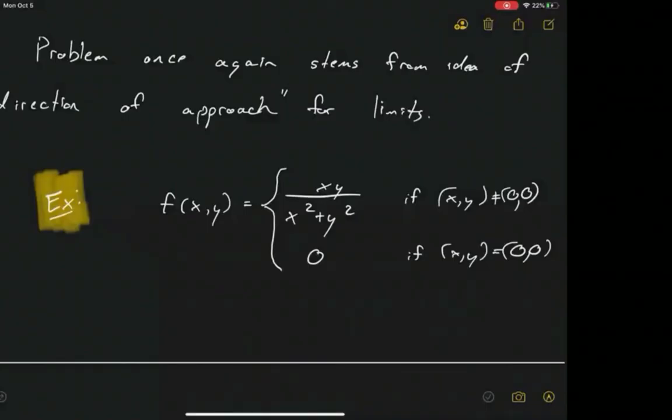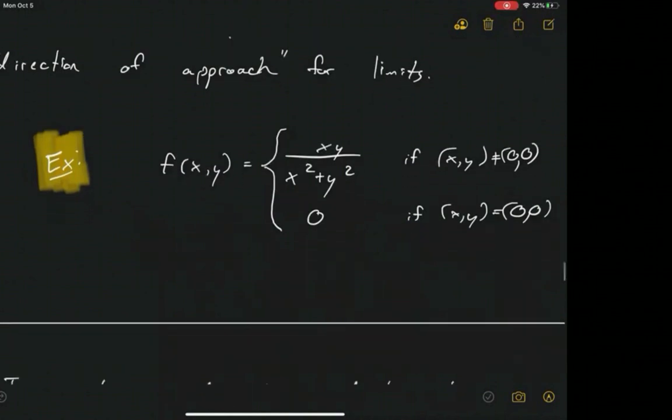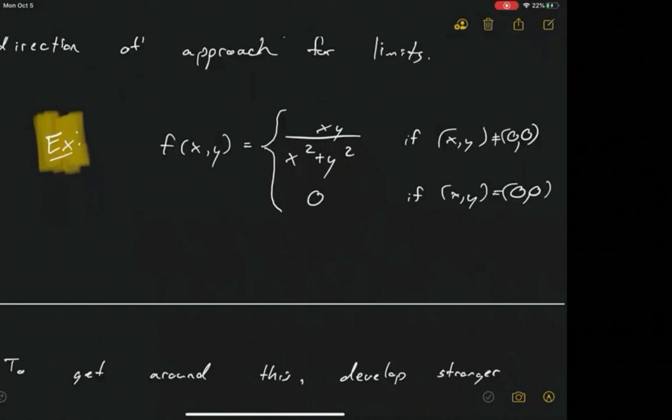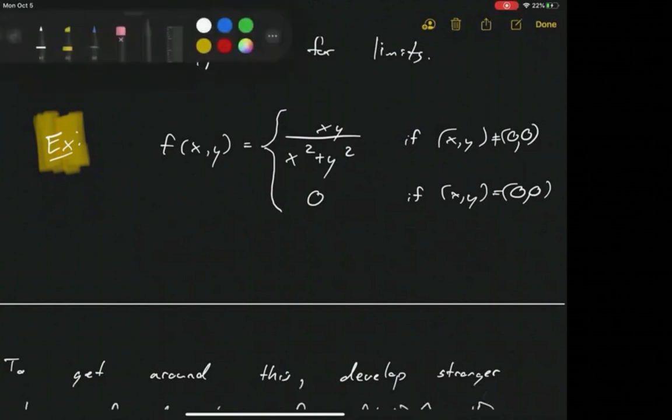So this example here is really a classic example of how our intuition from the single variable case might steer us wrong. This is a function whose partial derivatives exist, but this function is not even continuous. This is straight from the textbook.